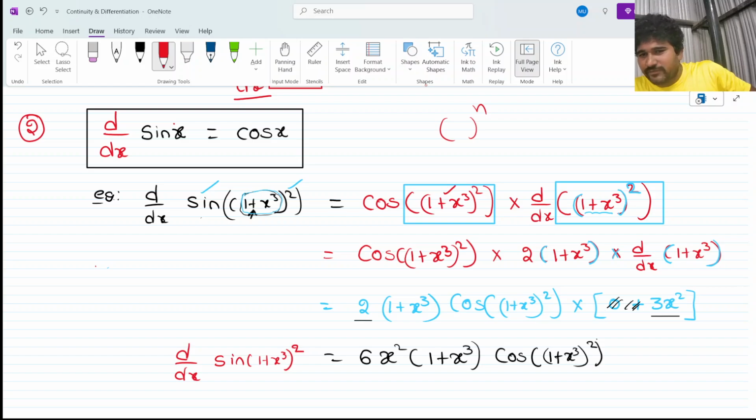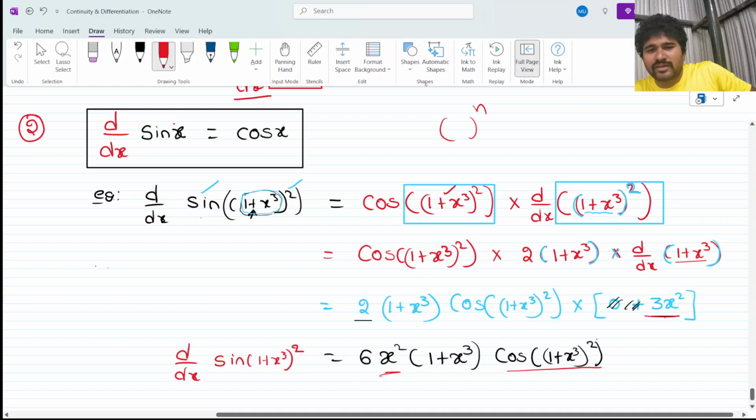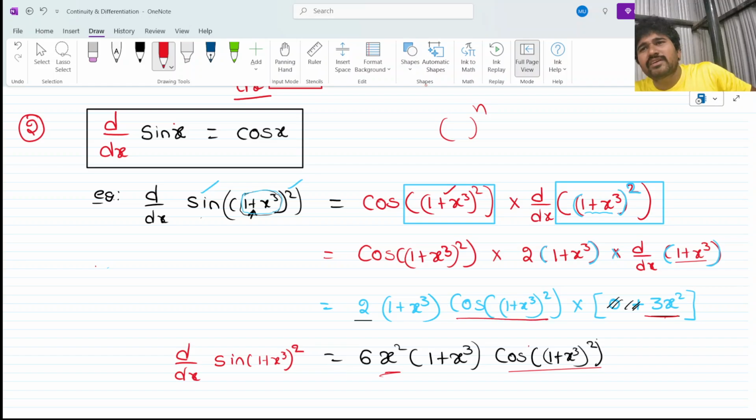That's what I did. A differentiation of 1 plus x cube, last, I did and I wrote at front. This one, I wrote it here. You are asking that this 1 plus x cube whole square differentiation we have to do. That's what only we did, right?